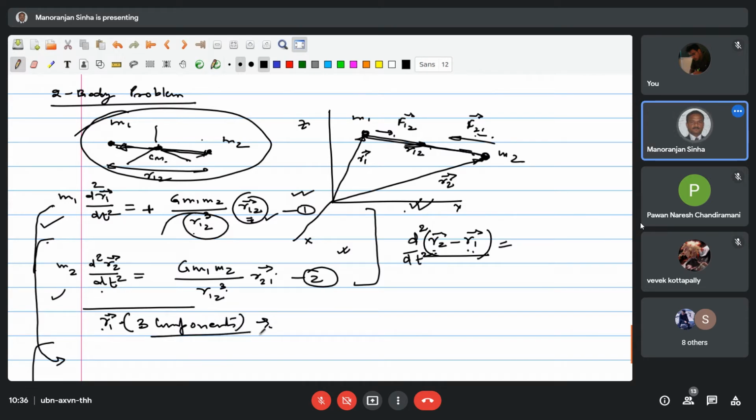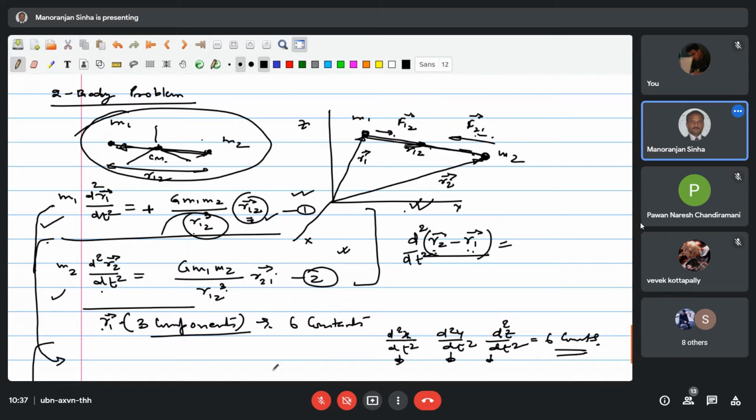So as a whole, if you integrate it, you will get 6 constants, because you will have equations like d square x by dt square, d square y by dt square, and d square z by dt square. So 2 constants of integration are involved here, 2 here, 2 here. So total 6 constants. Similarly, in this also you will have 6 constants involved. So total 6 plus 6, 12 constants are involved.